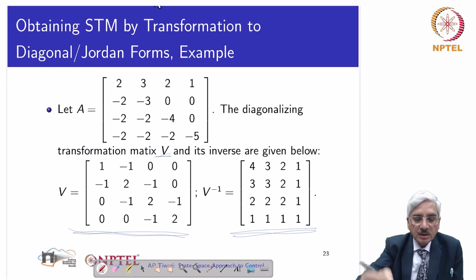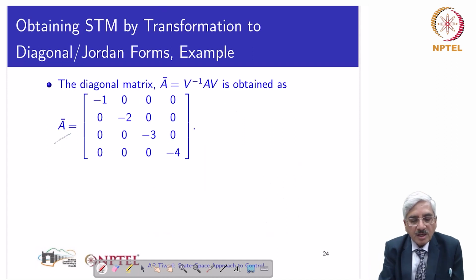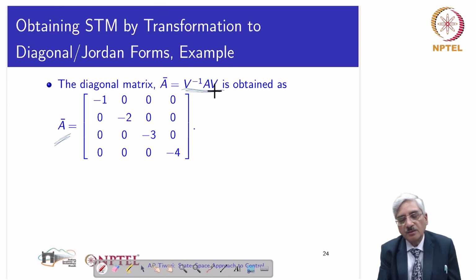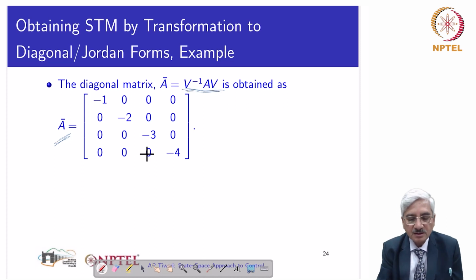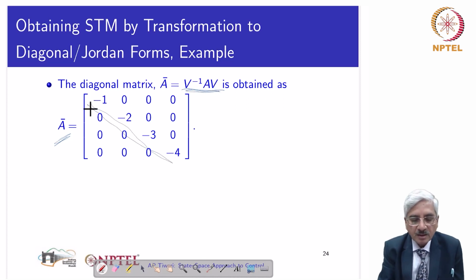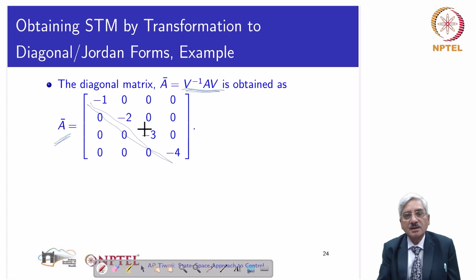And so the A bar, the matrix converted to diagonal form, which came by this matrix operation, V inverse AV, is this diagonal matrix, in which the diagonal entries are minus 1, minus 2, minus 3, and minus 4.